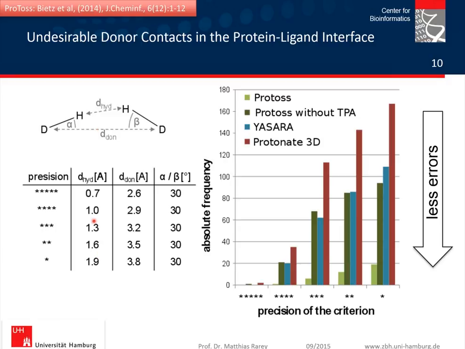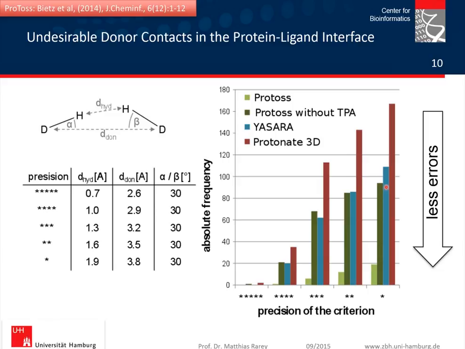You can have different feelings about what's acceptable and what's not acceptable. This is shown here by these stars. So if you're very precise, you have very low tolerances here, and otherwise you might have higher values.